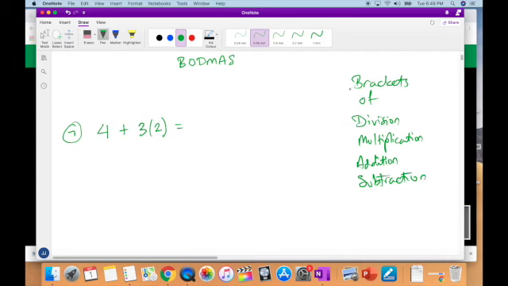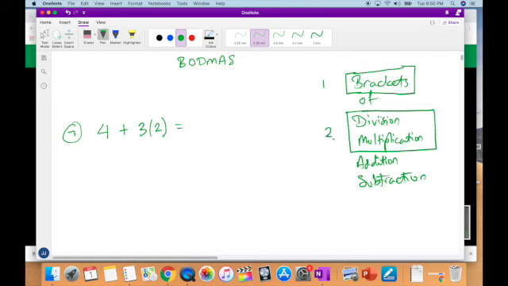What I'd like you to know is that it's really 3 stages. The first stage is the brackets. So that's the first thing that you have to do. The second stage is your division and or multiplication. You could think of both of them as being the same kind of thing.